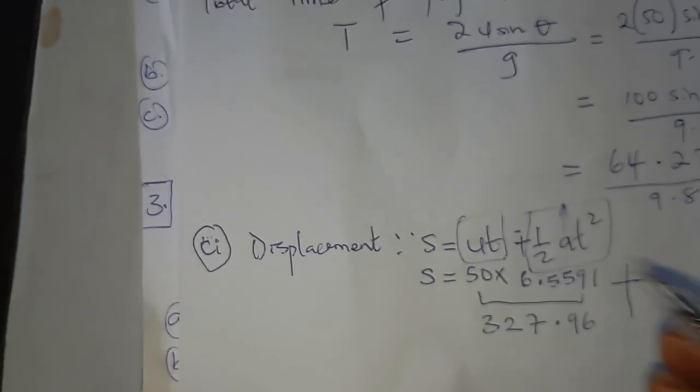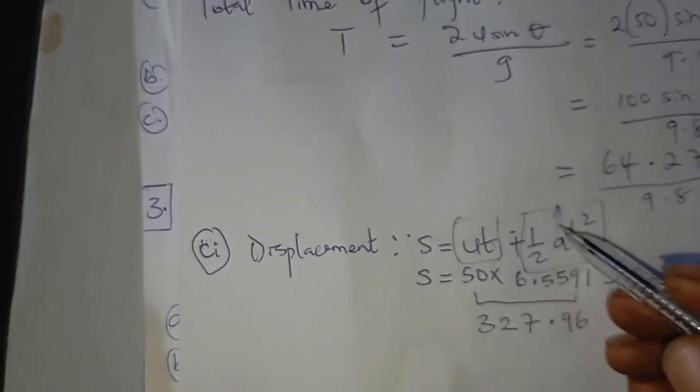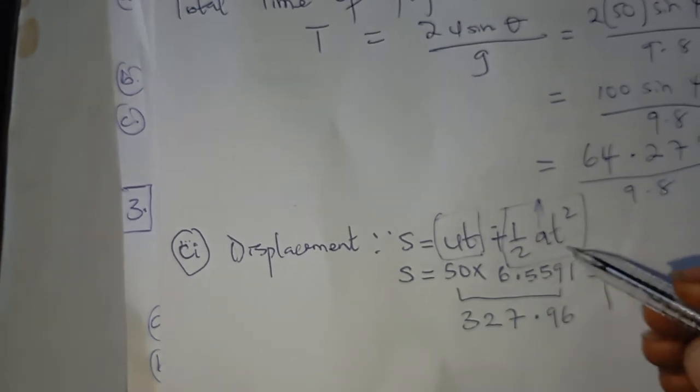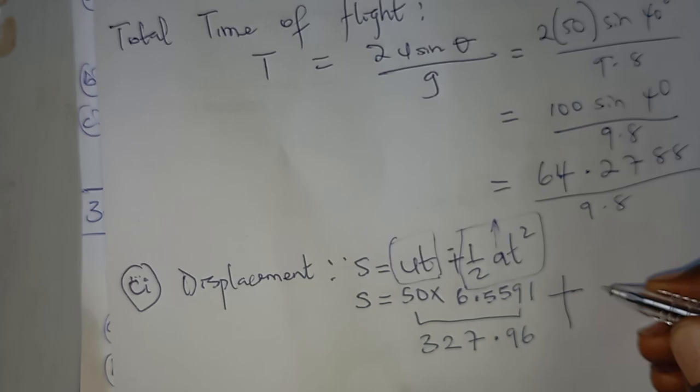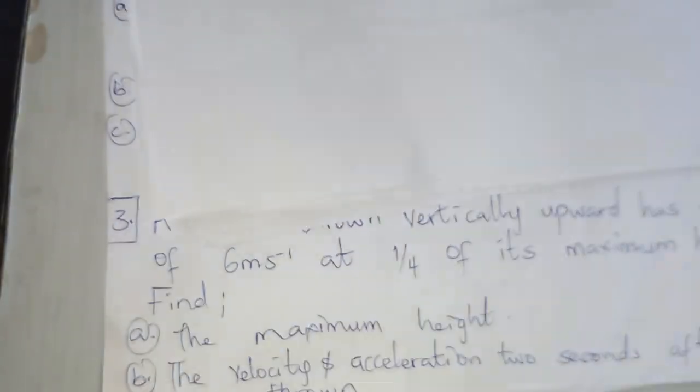As it's going up, it's going to be minus because g is against the motion. And the time to go up is also needed.